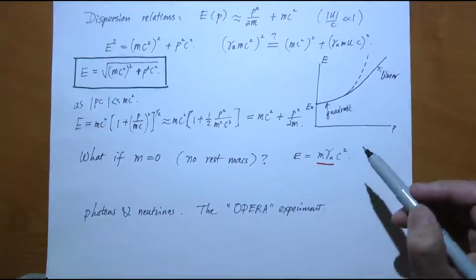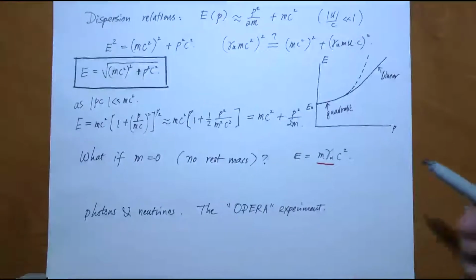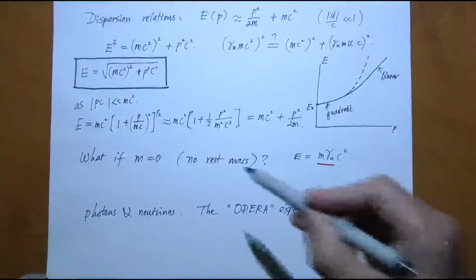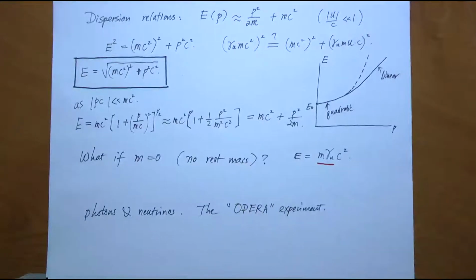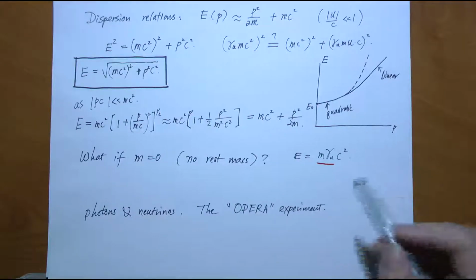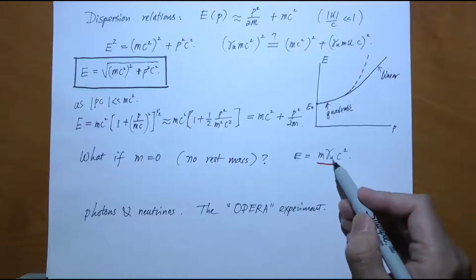Is 0 times infinity necessarily zero? Of course not. So you see, mathematically we find that even a massless particle, which means it's got no rest mass, may still have energy, which means it may still exist, but there is a requirement, and that is it must travel at the speed of light, because that is the only time when gamma_u can be equal to infinity.